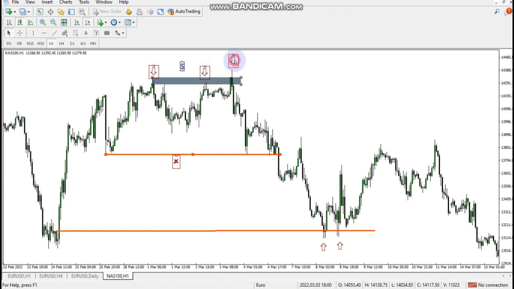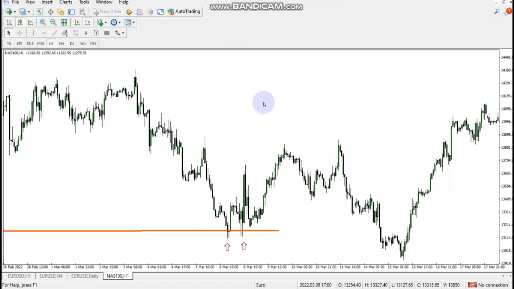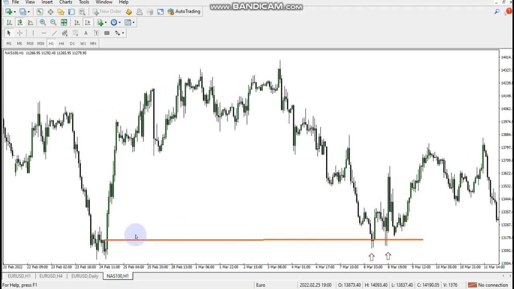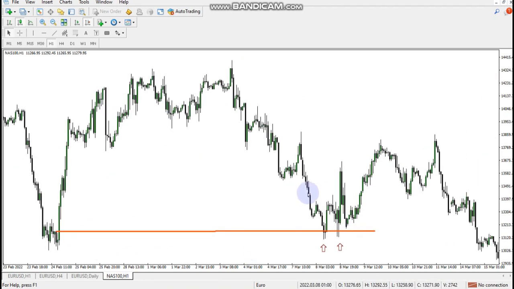So let's move forward. As I was telling you, I want to show you something. We are now getting done with these ones. Everything that we're getting done with, we're getting rid of it from our chart. So now, guys, let's go down. I want to explain what happened after this activation of an ICT order block.